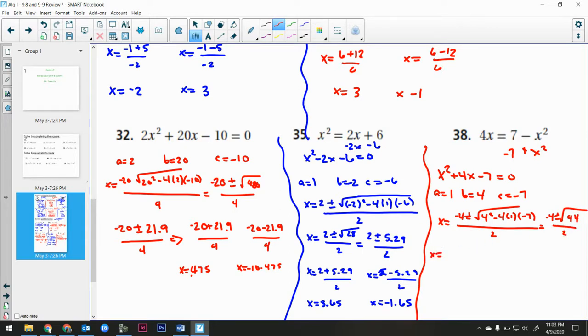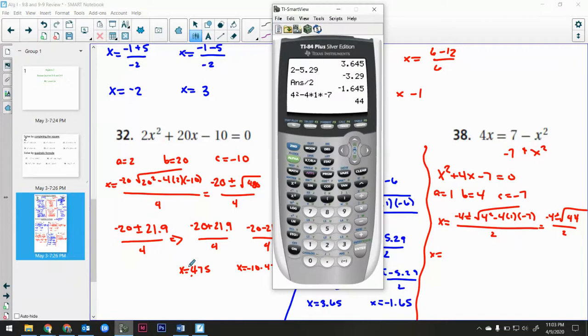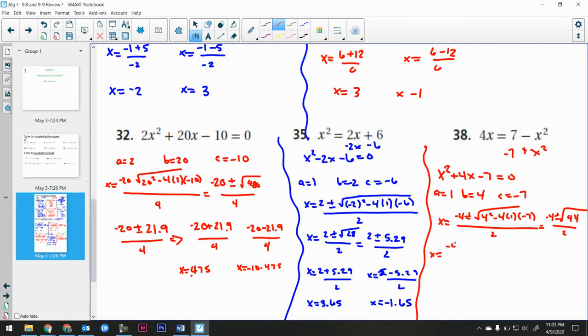Okay, now the square root of 44 doesn't come out nice. 6.63. Negative 4 plus 6.63 over 2. Negative 4 minus 6.63 over 2.